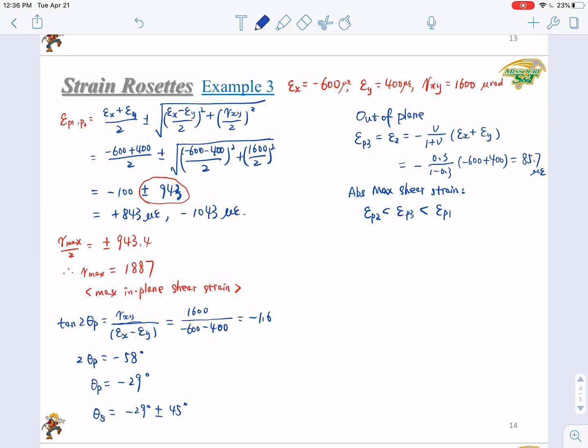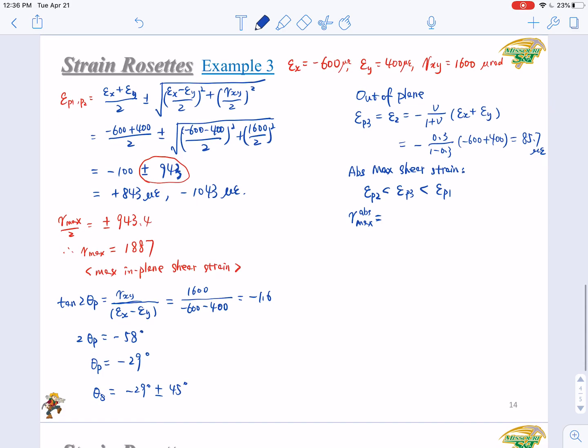So the absolute maximum shear strain equals. Now you just need to use the principles we talked about. Look at the signs of P1 and P2. They have different signs, right?